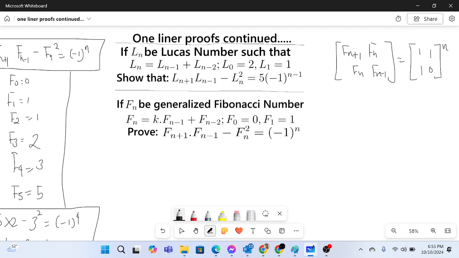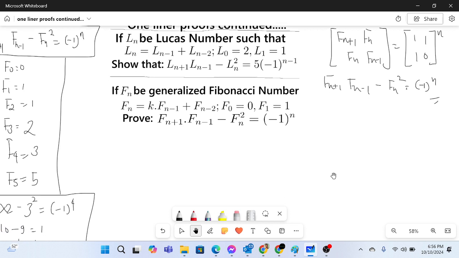We proved this with induction, and then we just took the determinant on both sides, and that's why we said that f(n+1) f(n-1) minus f(n) squared, the determinant on this side, is just minus 1. So we did it this way, right? But in this video, how do we find the determinant for Lucas numbers or the generalized Fibonacci number, right? Okay, so we will see that.